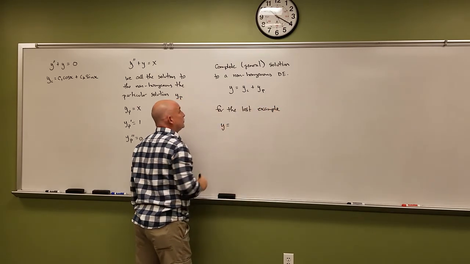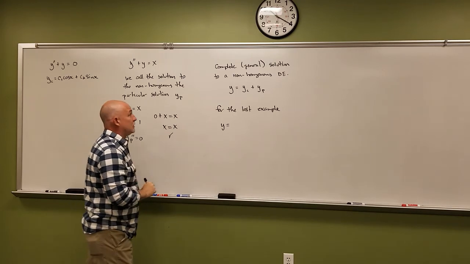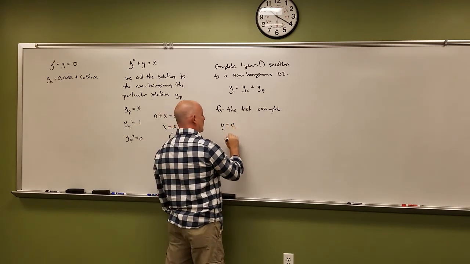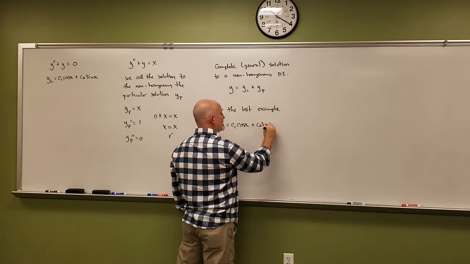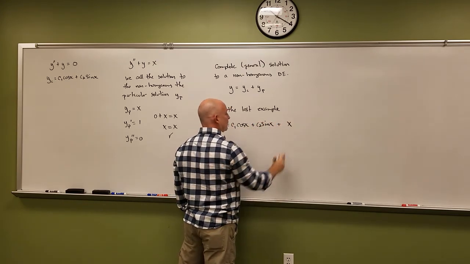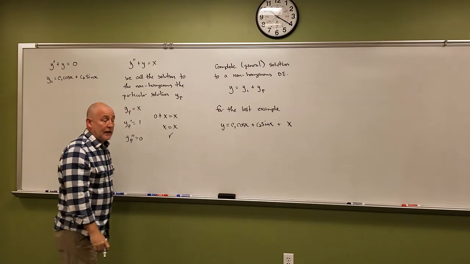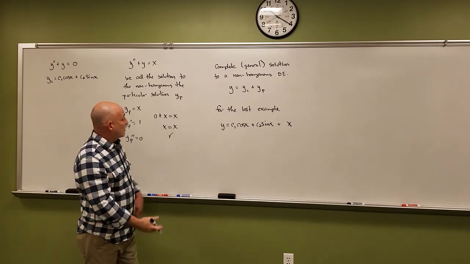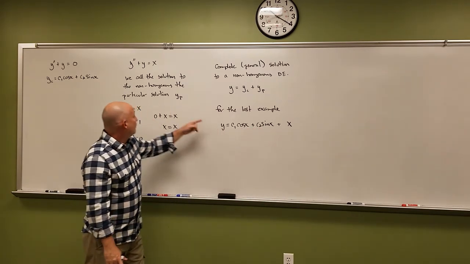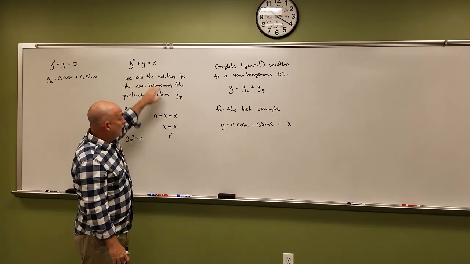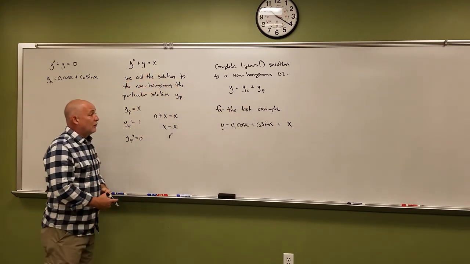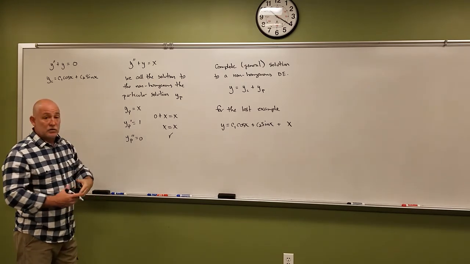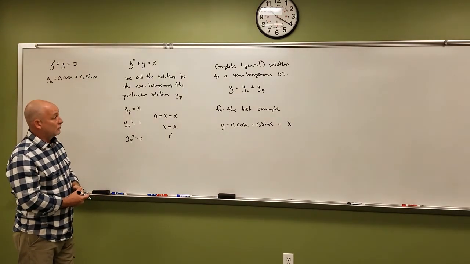The complete solution for this, or the general solution, would be the homogeneous solution, or the complementary solution, which we said was c1 cosine x plus c2 sine x, plus our particular solution, which would be x. Now this should make sense that it should work, because we know that these two pieces, if we plug them in, give us 0, and we've already seen if we plug the x in, it gives us the x on the other side.